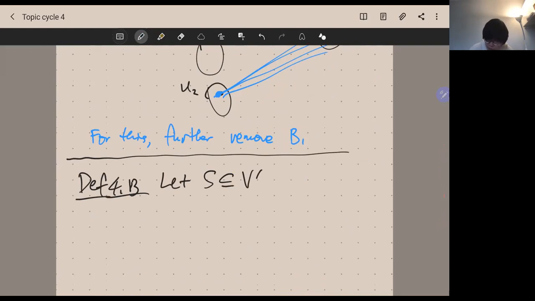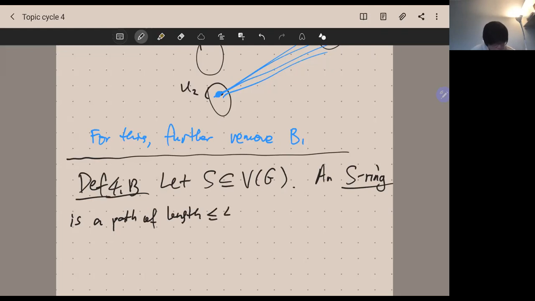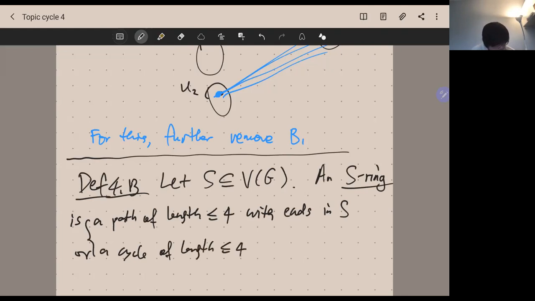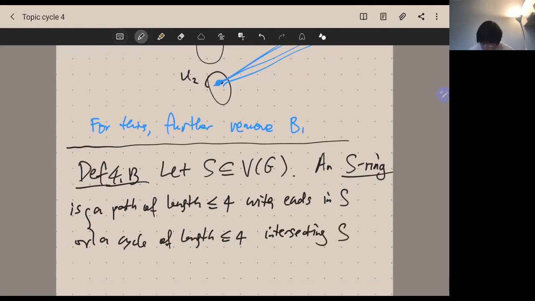Take a set of vertices S. We will call an S ring a path of length at most 4 with ends in S, or a cycle of length at most 4 intersecting S. Let me draw a picture.